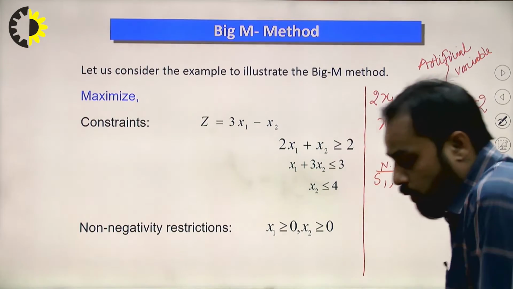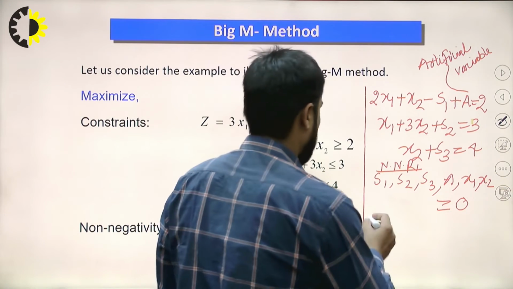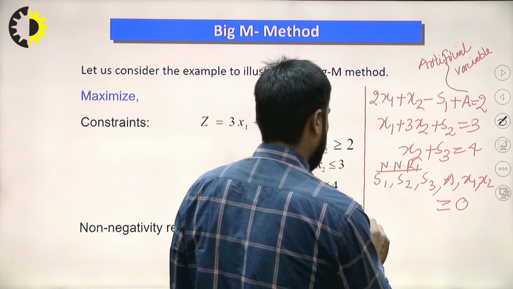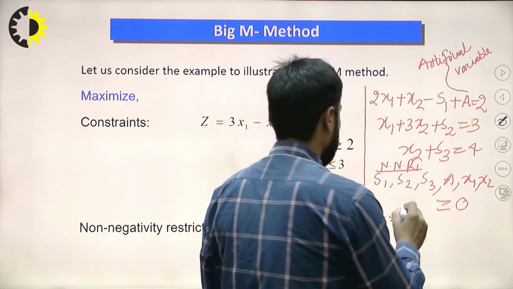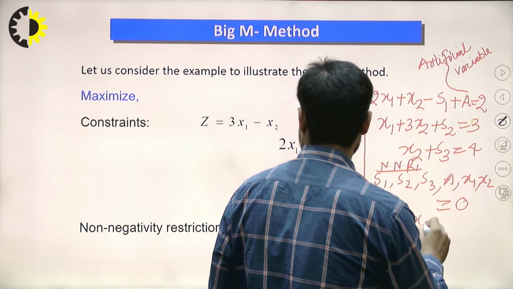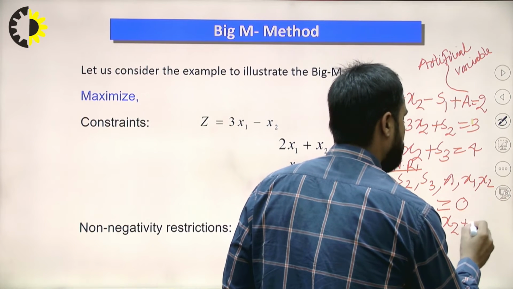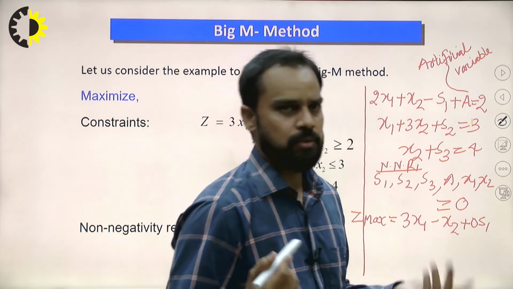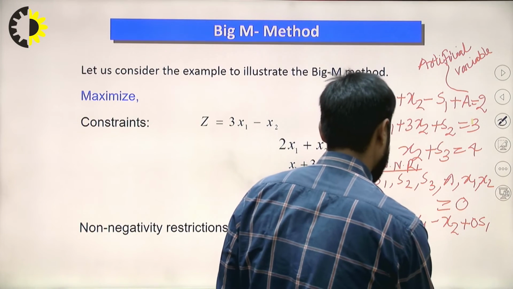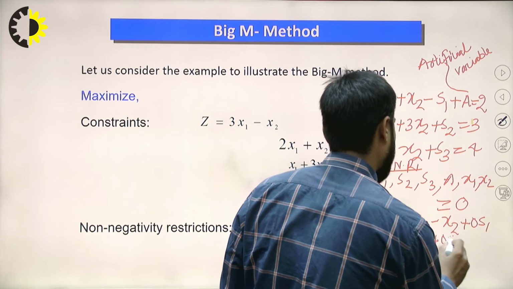Now how will I write the objective function? The objective function Z of the maximization type will be 3x1 minus x2 plus 0 s1, because the slack and surplus variables do not contribute to the objective function, plus 0 s2 plus 0 s3.